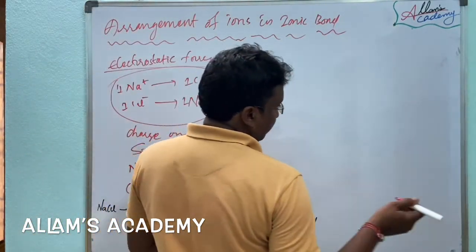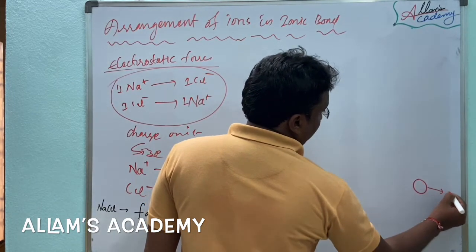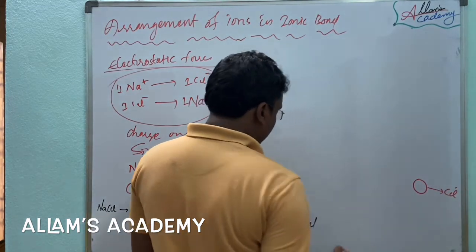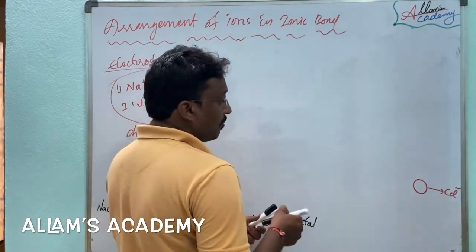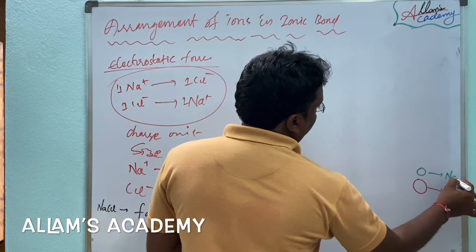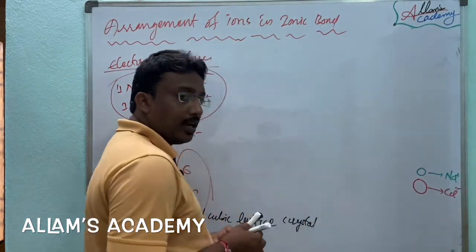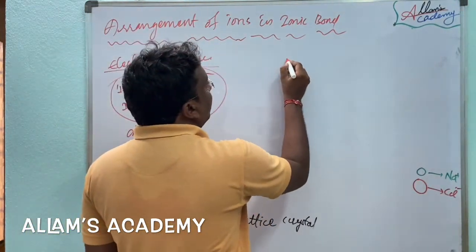Concentrate carefully. The red color one shows the chlorine, and here I am using the green color one. It shows the sodium ion. Right, now I will show you the diagram. Observe carefully.